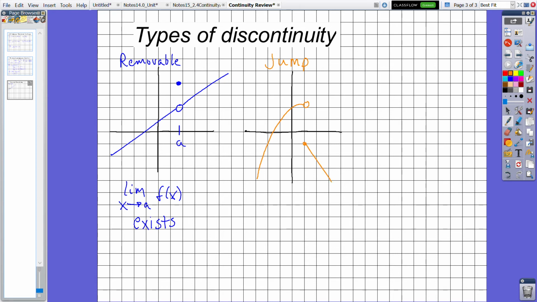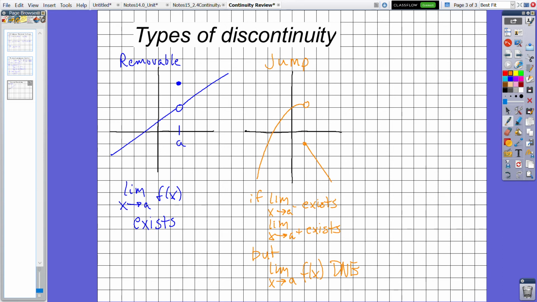Okay, and the way we prove that a jump discontinuity exists is that we know the limit as x approaches a from the left exists, and that the limit as x approaches a from the right exists, but our general limit as x approaches a of our function does not exist.